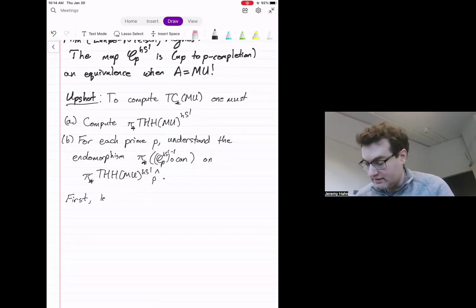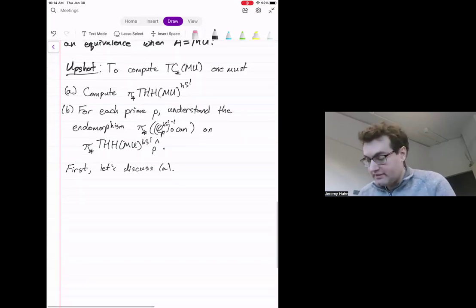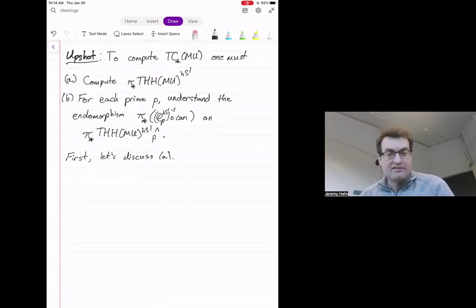So first, let's discuss the homotopy fixed points. How would you compute the homotopy groups of these fixed points? Okay, so naively, the first thing you would do is compute the homotopy groups of THH of MU, and then you would run a circle homotopy fixed point spectral sequence.